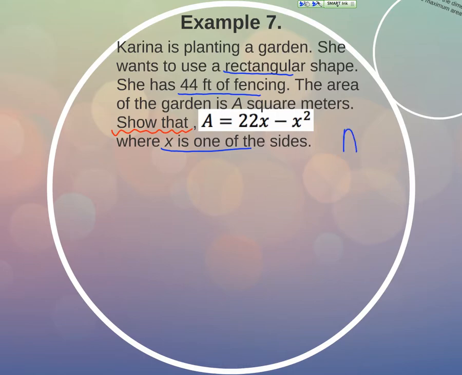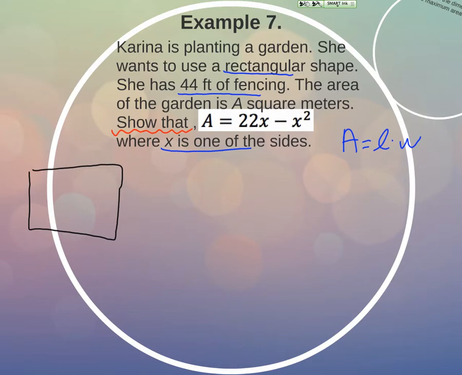Keep in mind, we know area is length times width, or base times height, right? If you don't know, it's in your formula packet. So that's something we know. We've got a rectangular shape, and thinking back to geometry, when in doubt, sketch it out. So I'm going to sketch out this rectangle.